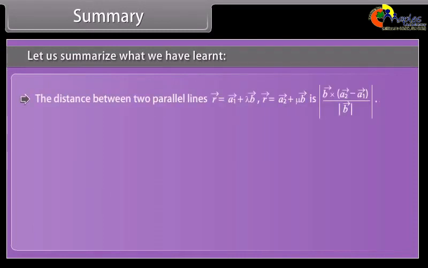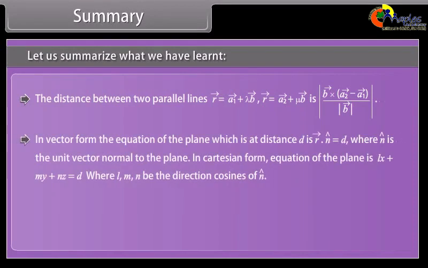The distance between two parallel lines is, in vector form, the equation of the plane which is at distance d is, where cap n is the unit vector normal to the plane.